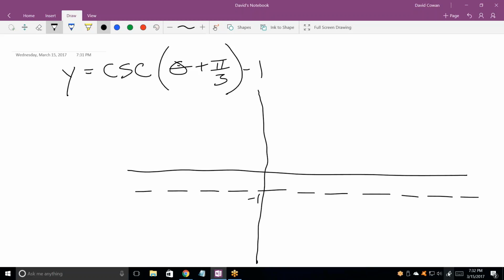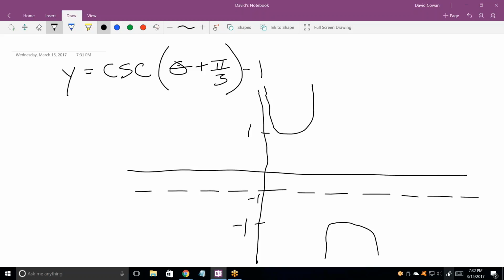So normally cosecant is going to look like, let me do it without the shift. That's what cosecant would normally look like, where that's 1 and that's minus 1.